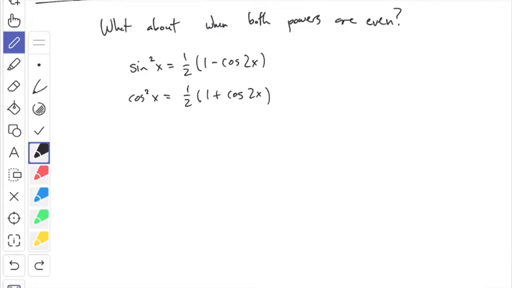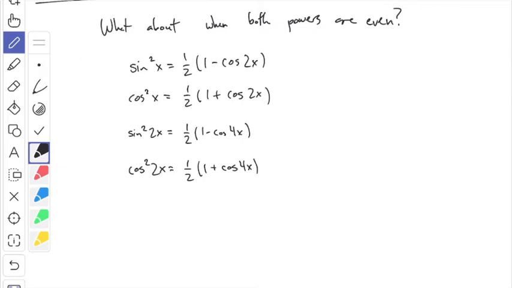Okay, and occasionally we will also use another variation on these. Sine squared of 2x, you'll see why this becomes important in the examples. This is not exactly a new formula. I'm just going to write the first formula again, but plugging in 2x instead of x. What it says then would be 1/2 (1 minus cosine of 4x). And similarly, cosine squared of 2x is 1/2 (1 plus cosine of 4x).